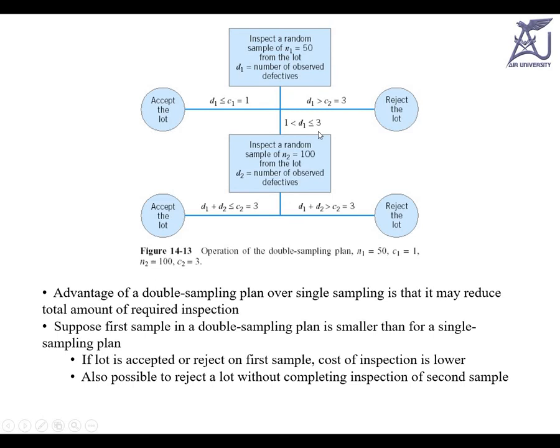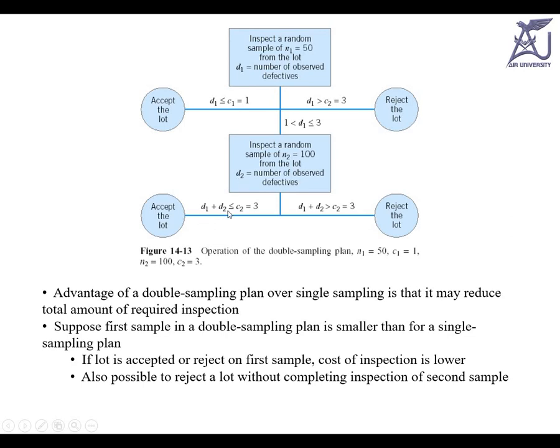But if this defective D1 falls in between 1 and 3, then what are the scenarios? You go for the second sample, as per the double sampling plan. The second sample is 100, and the first one was 50. You take the second sample equal to 100, and you again observe the number of defectives. You found the number of defectives in the first sample and in the second sample.